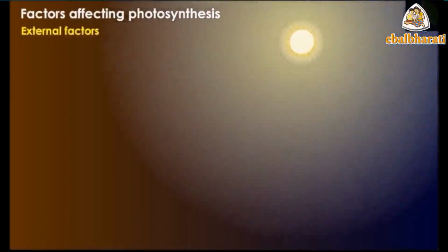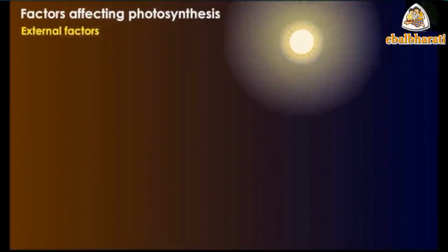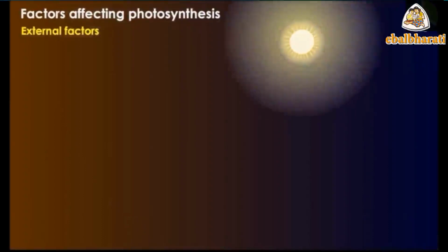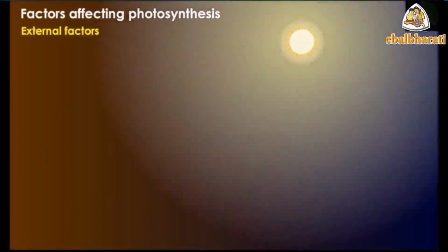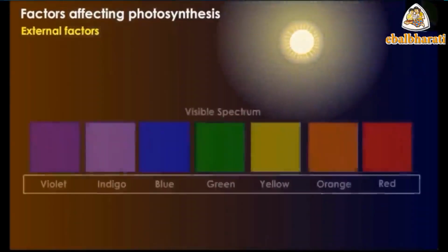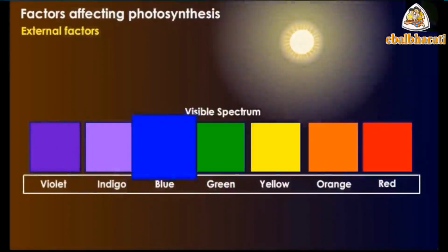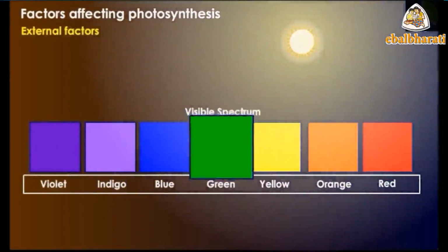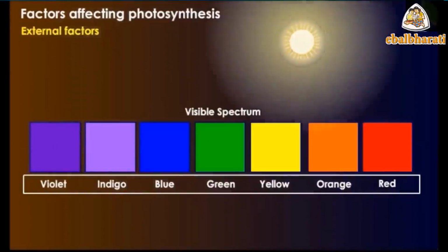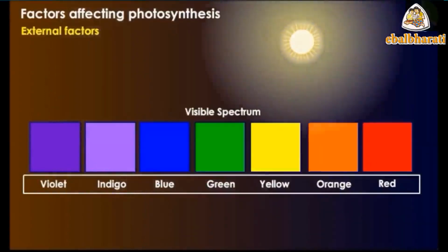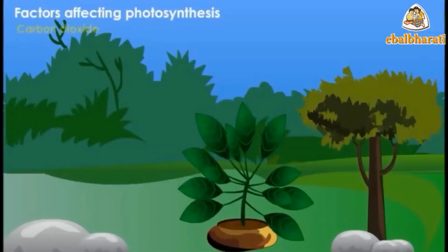Factors affecting photosynthesis. External factors. First, light. It is an essential factor as it supplies the energy necessary for photosynthesis. Both quality and intensity of light affect photosynthesis. The highest rate of photosynthesis takes place in the red rays and then comes the blue rays. Second, carbon dioxide.